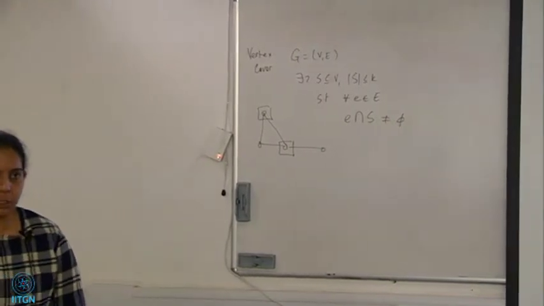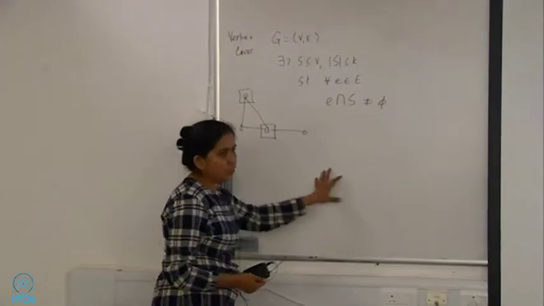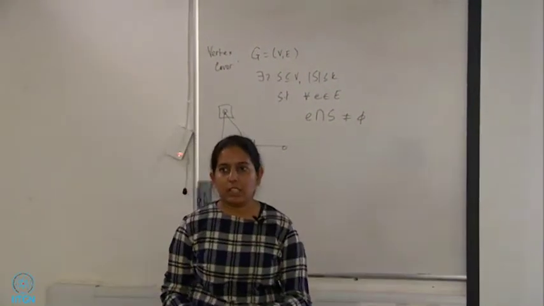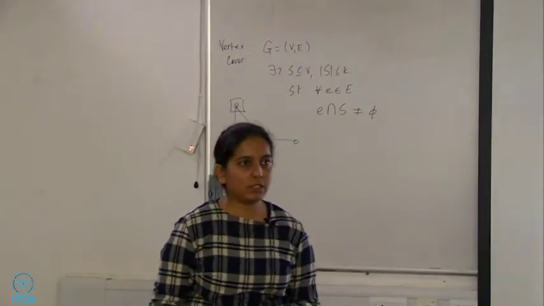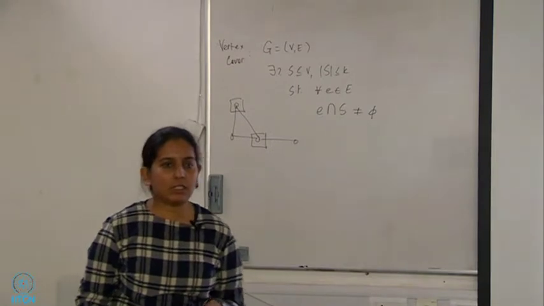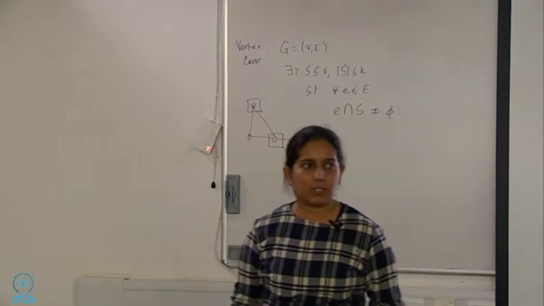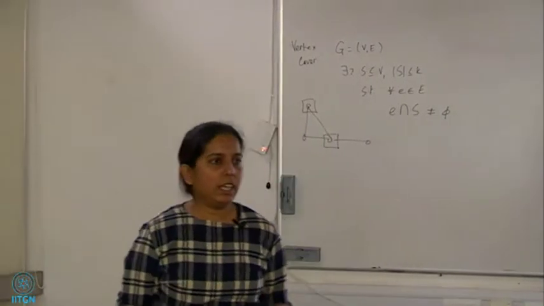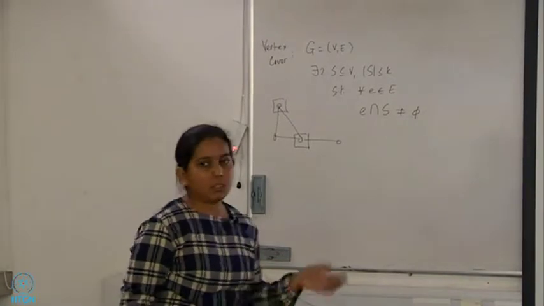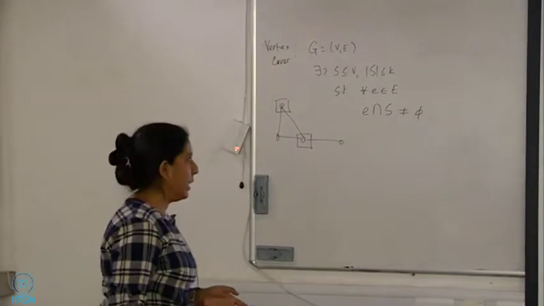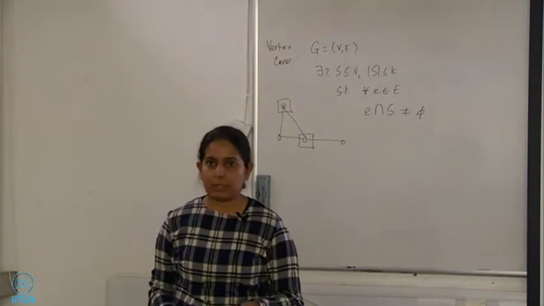Just to refresh your memory, vertex cover is the following problem on graphs. You're given a simple undirected graph and you want a subset of vertices that hits every edge. So you want a subset of vertices of size at most k. The optimization problem is to minimize the size of this subset, but the decision version is that for a given budget k, is there a subset of vertices of size at most k such that every edge has at least one of its endpoints in this subset?